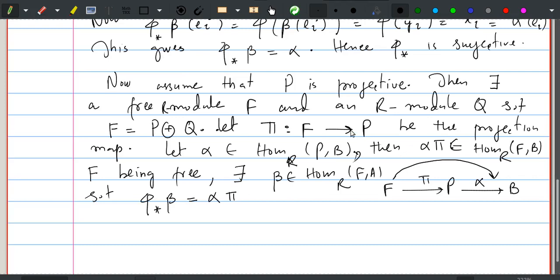This is true because we have proved earlier the assertion is true when P is free.